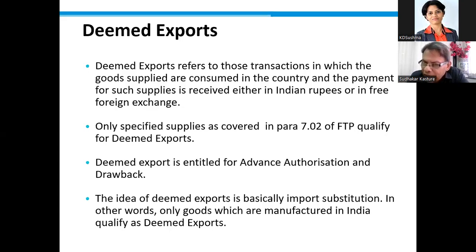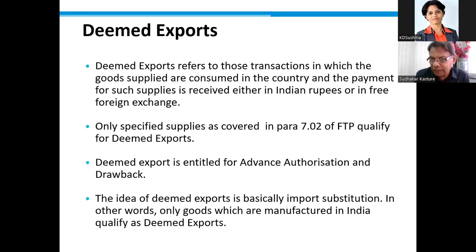But in order to help you supply me fabric at the international price, I will give you exemption from payment of duty under advance authorization scheme, or if you have already paid duty on yarn, I will give you duty drawback by way of brand rate.